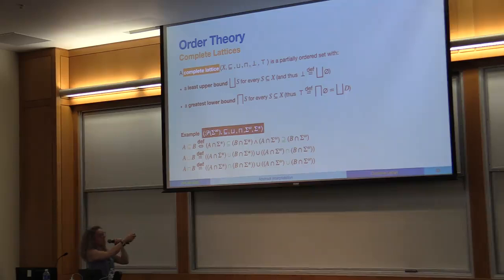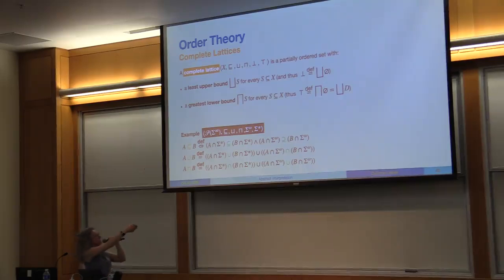And then we have the meet and join operations, the least upper bound and greatest lower bound. So the least upper bound will do the union for the finite traces and the intersection for the infinite traces. And vice versa for the greatest lower bound. You have the intersection here and the union here.